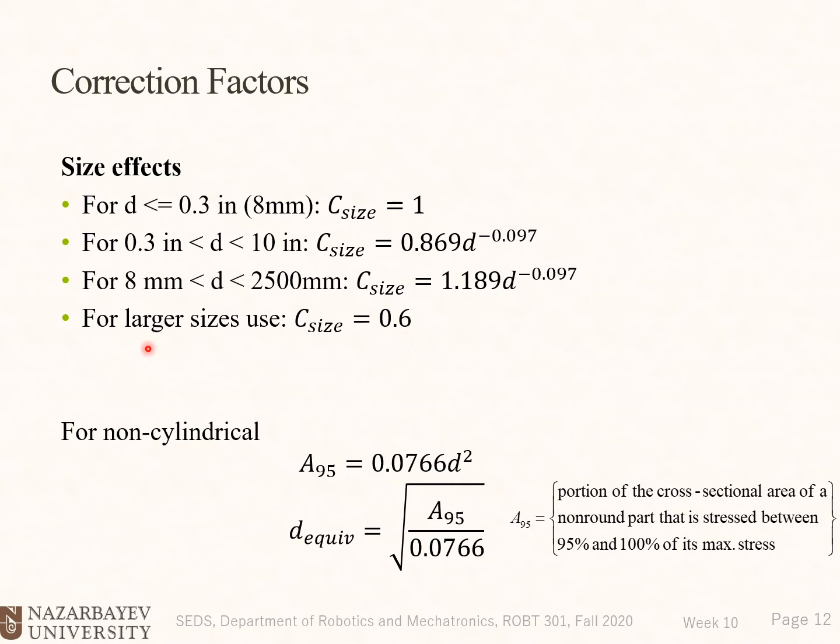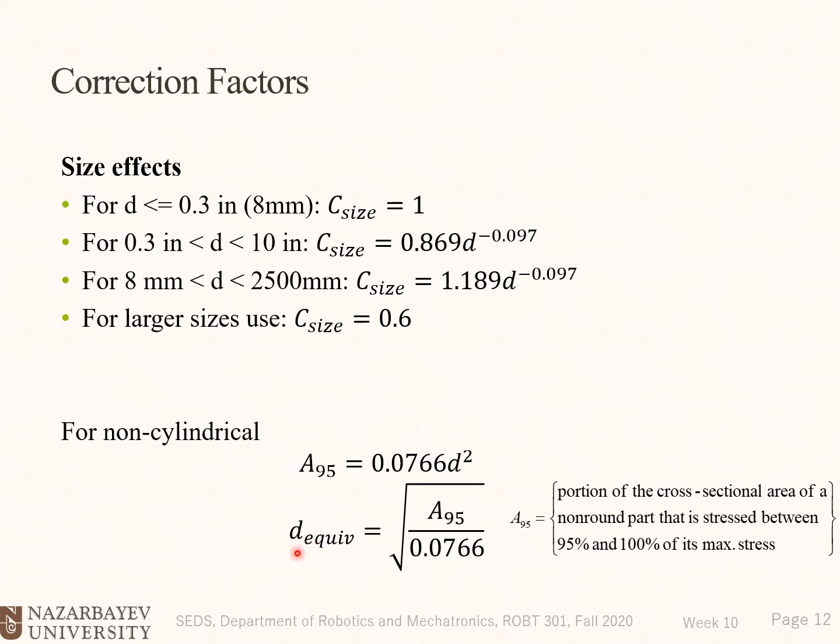Okay, so this is all for cylindrical parts, because the specimen is cylindrical. But what about non-cylindrical parts? We need to calculate the A95 and D equivalent. This D equivalent is the diameter that we could use in these formulas.